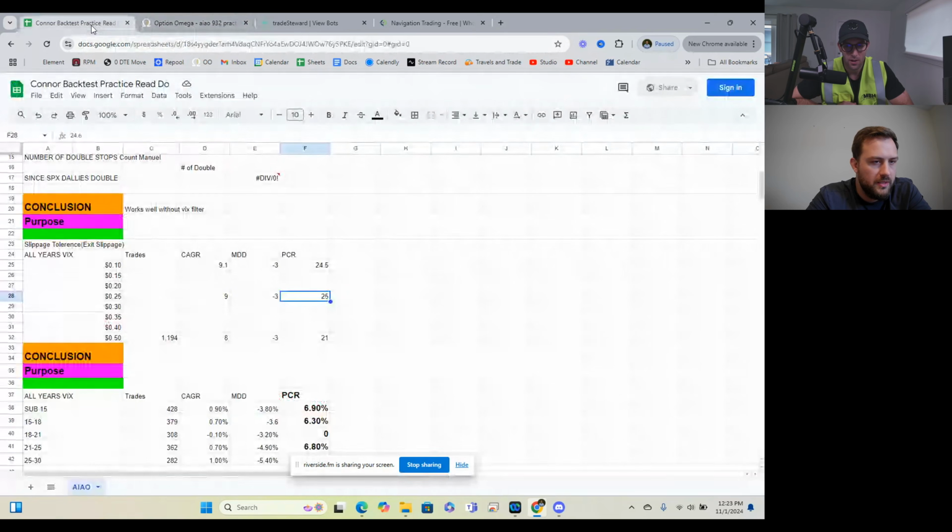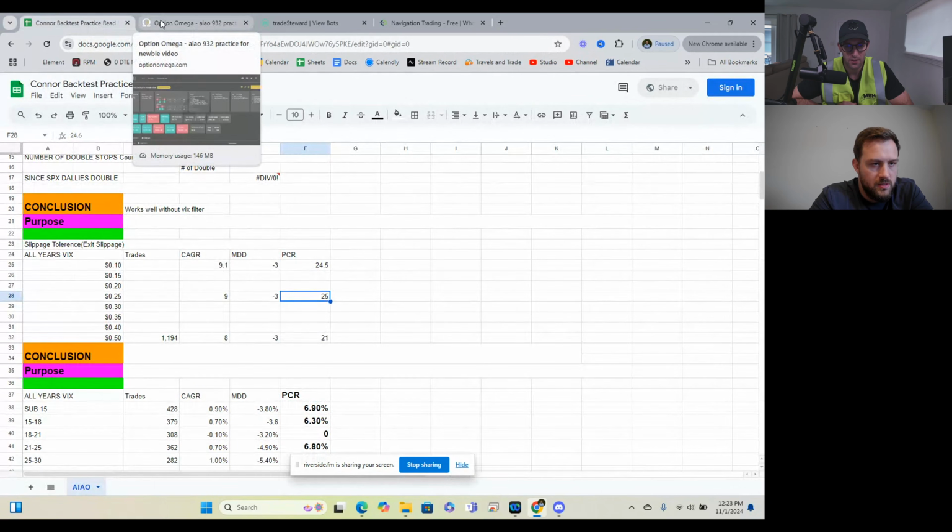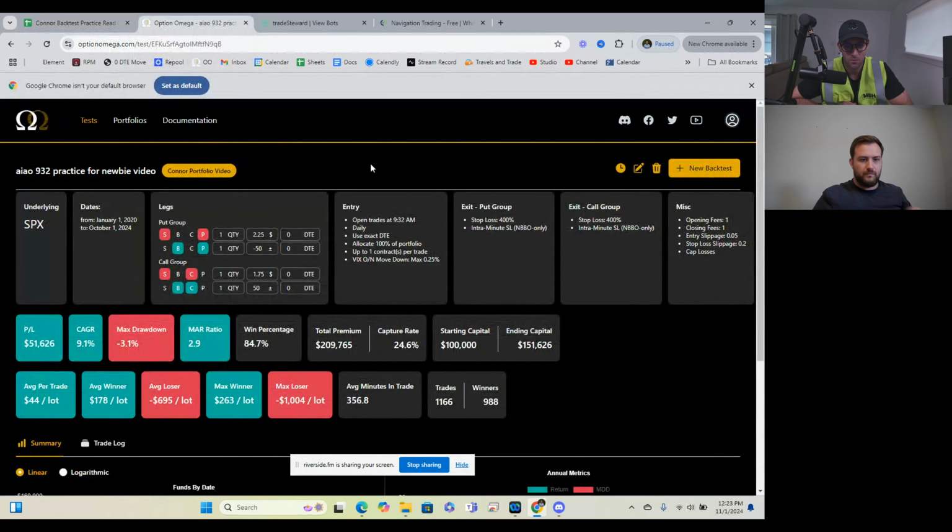Okay, so let's start out with the final product and then tell me initially what piqued your interest about this, and then we will venture into the spreadsheet and the individual stages of how you got here. Perfect. What initially piqued my interest was when I was looking at the prices of the put and the call.